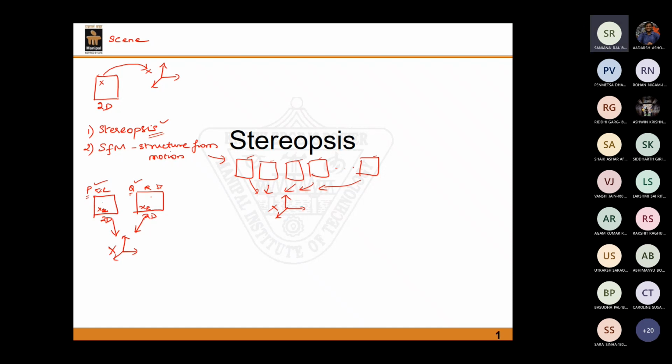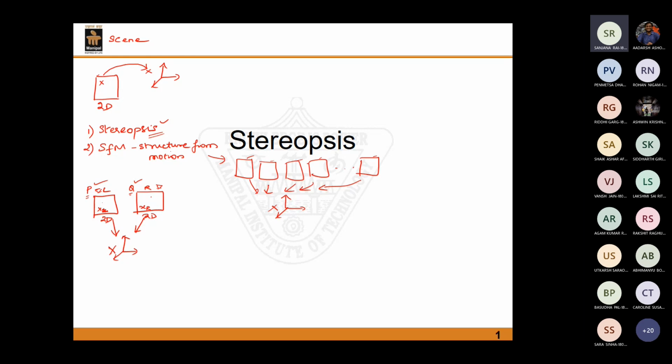Just like how humans, when they look at objects, can understand how far or how close the objects are, with respect to something in the surroundings or with respect to each other, right? That same concept is used in the stereopsis method also, where these two camera systems can be called equivalent to the eyes in the human visual system.